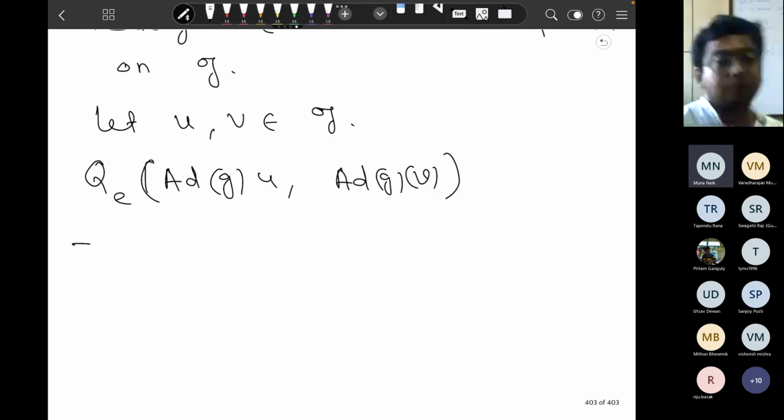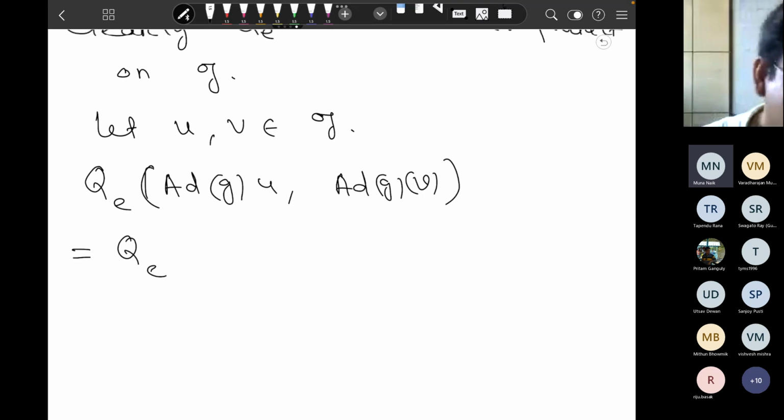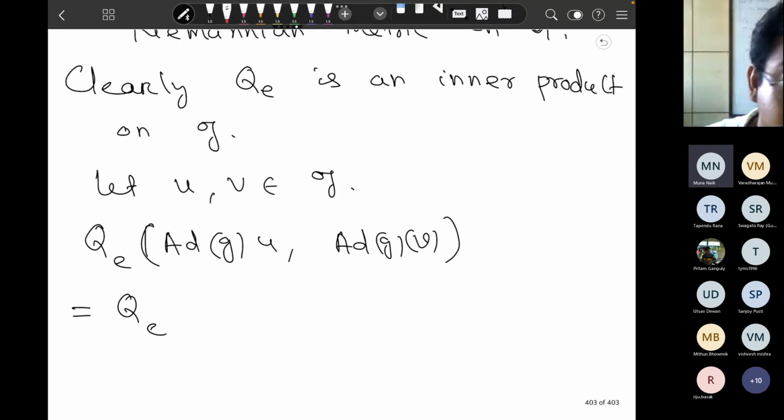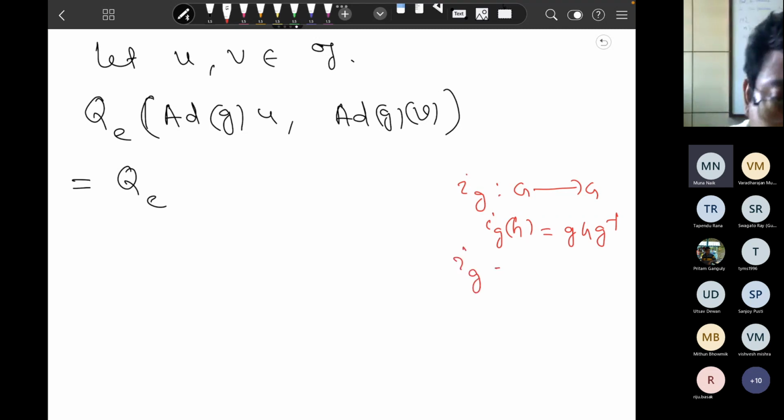So this is really what Q_e Ad_g is. You know that I_g from G to G is I_g(h) equals g h g inverse. So I_g you can write as L_g composed with R_g inverse.